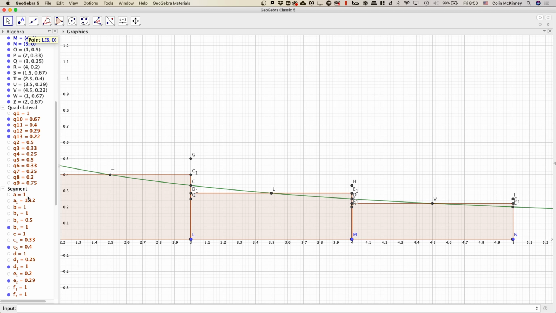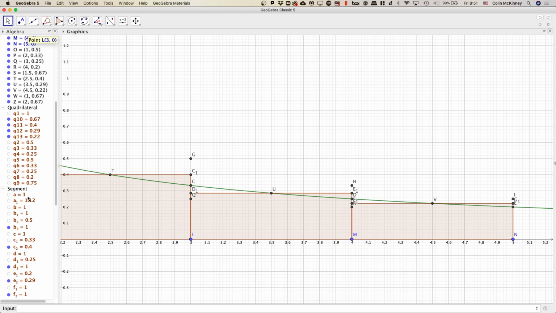Who's the smallest number? Right-hand method. Okay, who's bigger than that? Who's next? Midpoint, followed by the trapezoid, followed by the exact, or no, not the exact. Trapezoid's bigger than the exact, remember? So let me sketch this up on the board then. For this particular curve, who was the smallest value? Right hand.